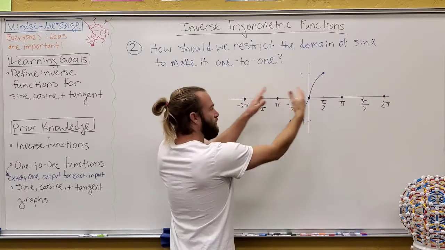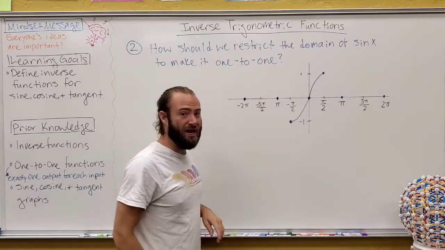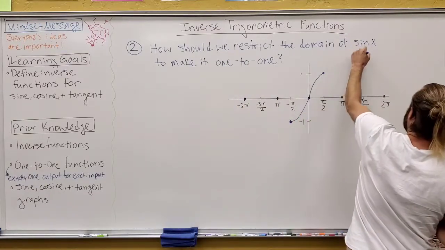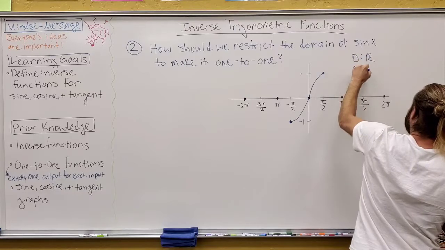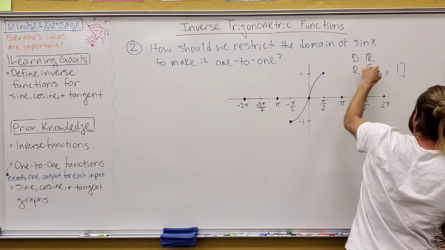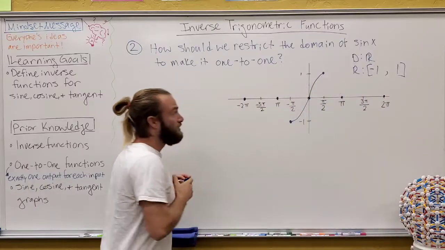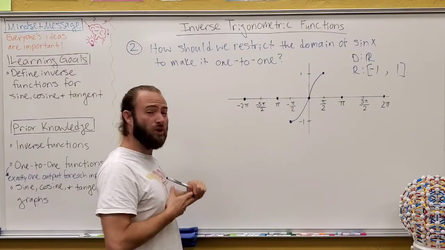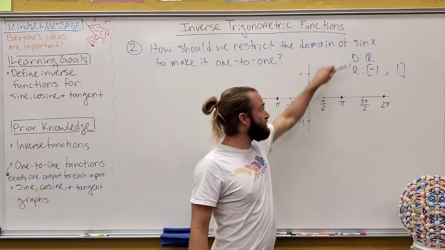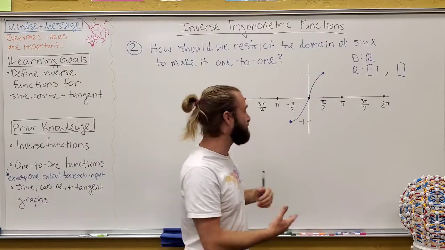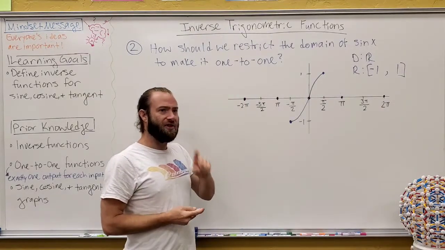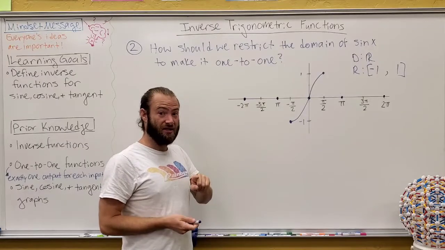So you'll notice that regular sine, his domain is all real numbers, right? So sine's domain is all real numbers, and his range is from -1 to 1. And I'll use this notation with the brackets, okay? But once we invert him, of course, we've cut some off, so this isn't going to just swap directly, right? Now let's look at this. Graphically, we remember that it flips across the line y equals x, right?